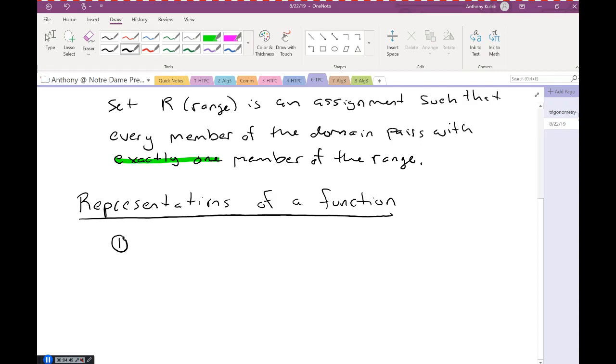Table. Okay, an XY table, absolutely. So that's definitely a way that you could represent a function. Good. Now that we got the first one down, does that help open the floodgates for anybody else?